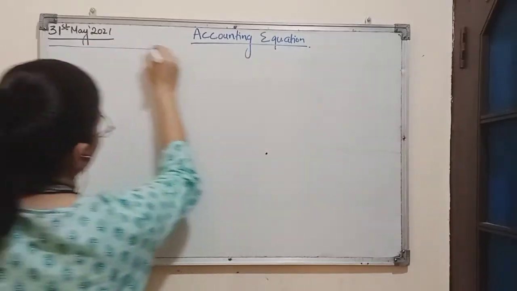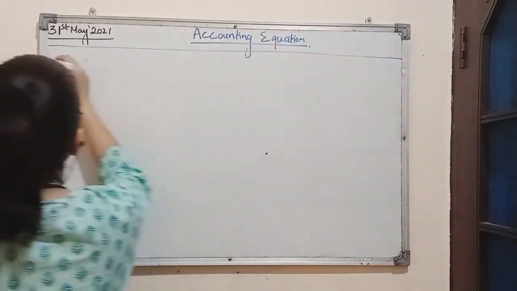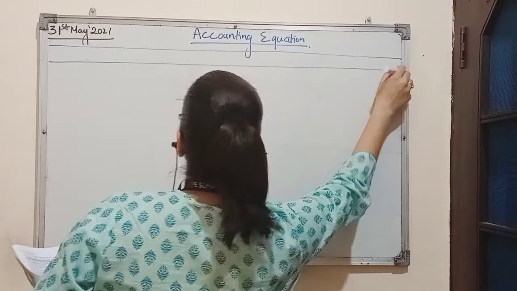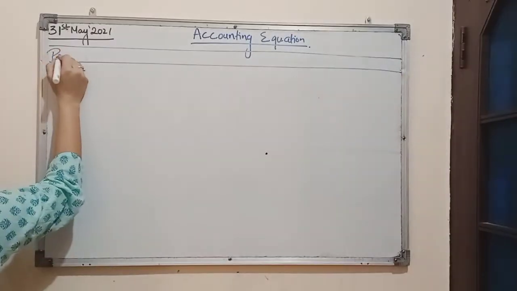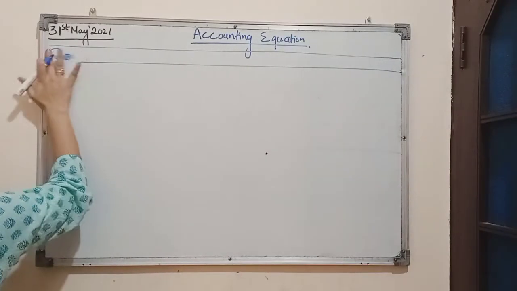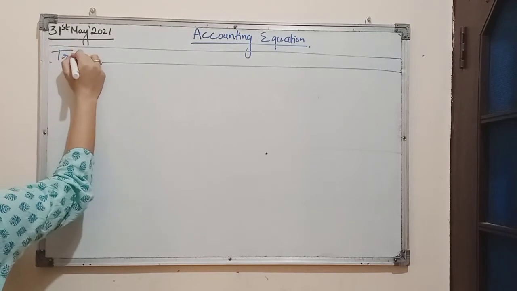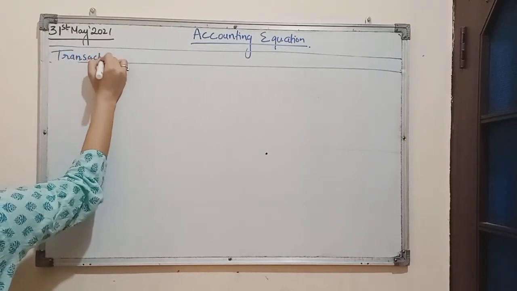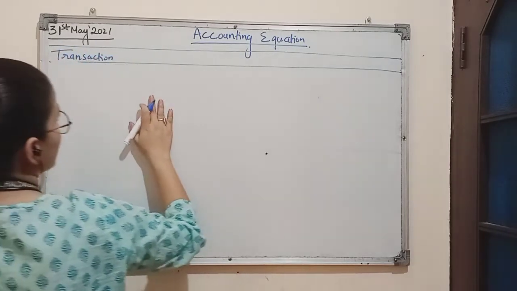The format will be like this. First column will be of transactions.